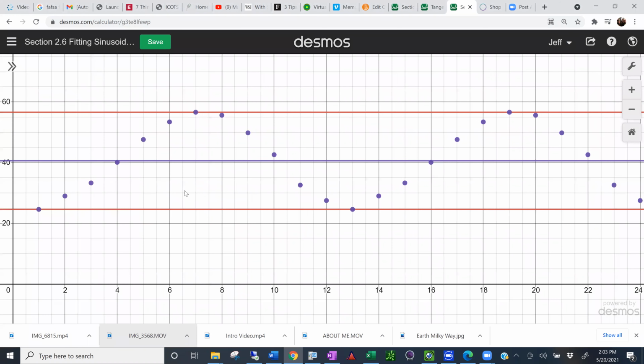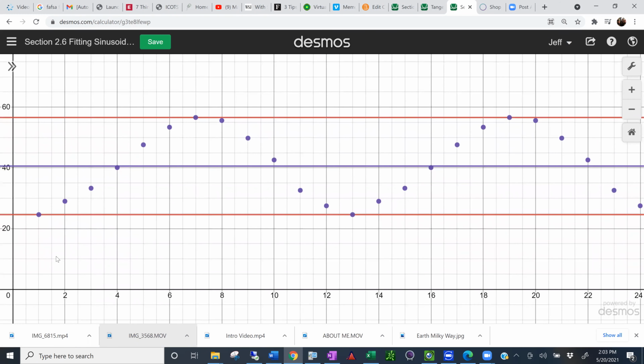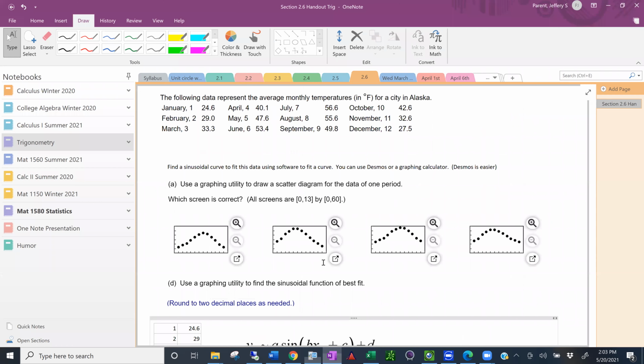Now, when you're doing this on MyMathLab, you can click these pluses and enlarge these graphs. 1, 2, 3, 4, 5, 6. 1, 2, 3, 4, 5, 6, 7.